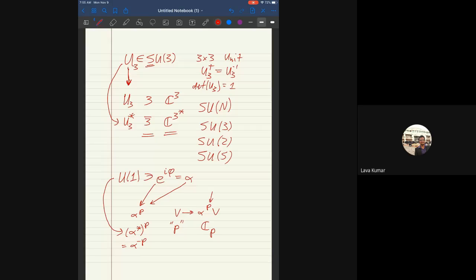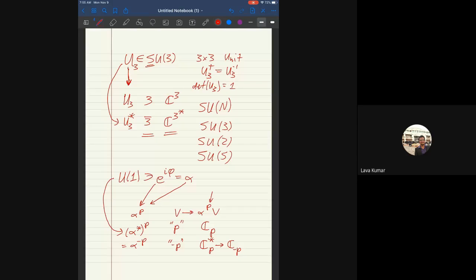So in a physicist notation, that would be the representation with charge minus p. And in the more mathematical notation, in the lower half of the previous page, instead of referring to it as C_p star, I just refer to it as C of minus p.